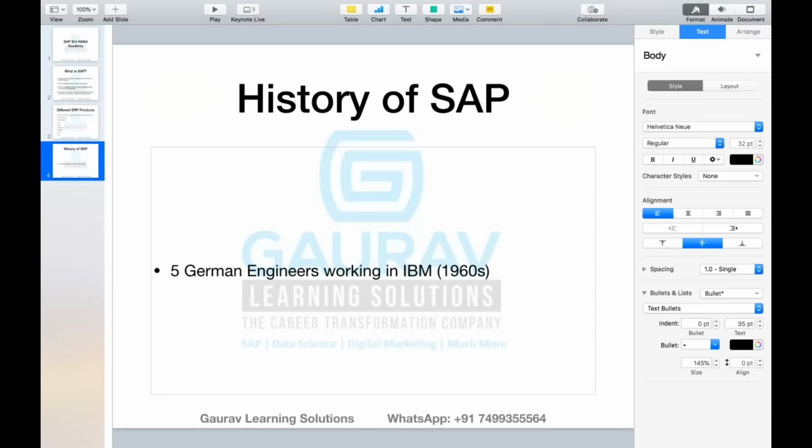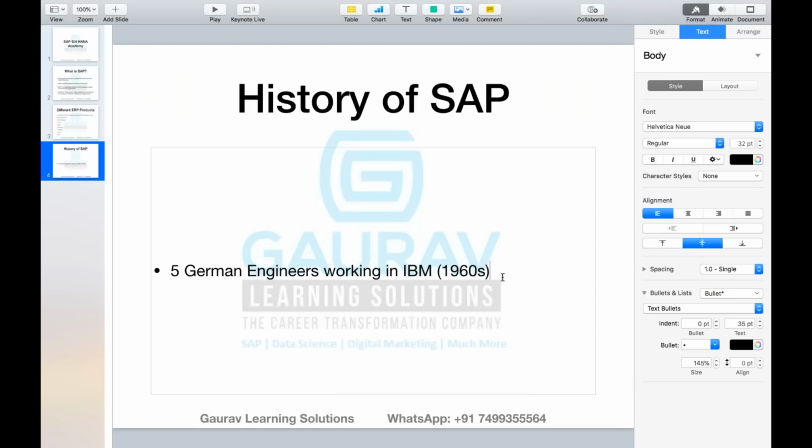So during the 1960s, IBM, you know, is a company which has been operational for many years. IBM was working on a project which was being developed by these 5 German engineers, and that product was to create a kind of ERP for a company.